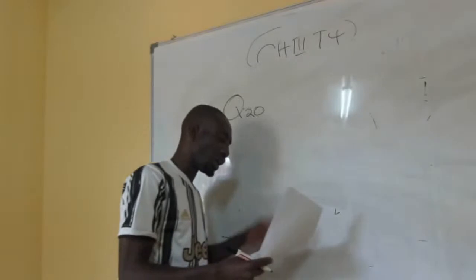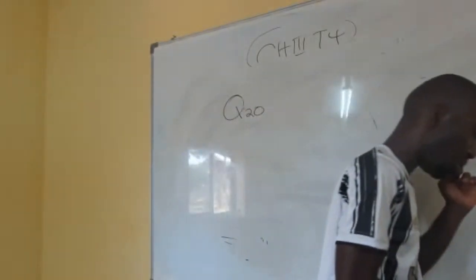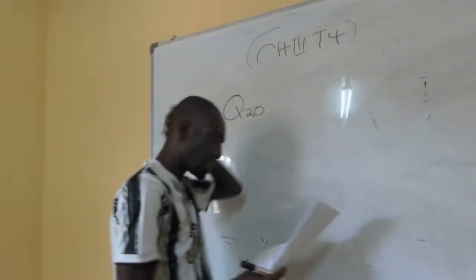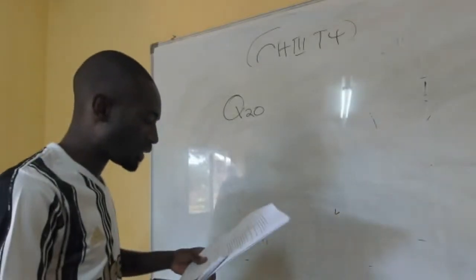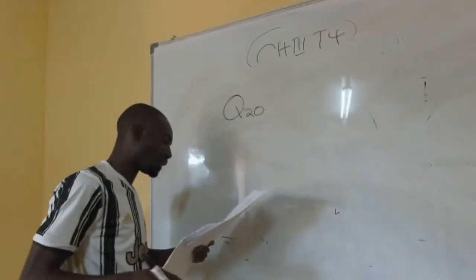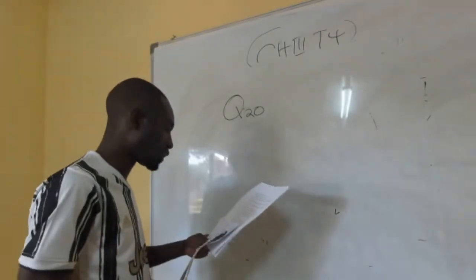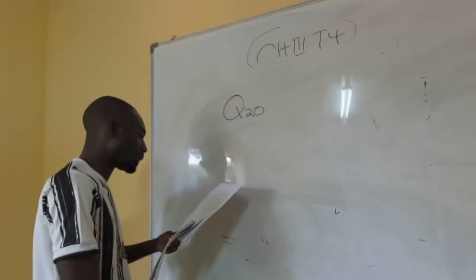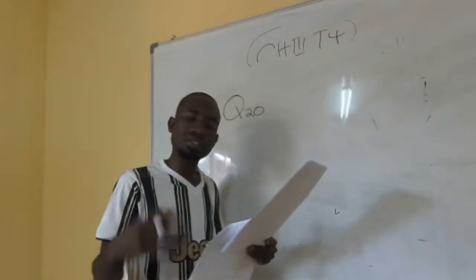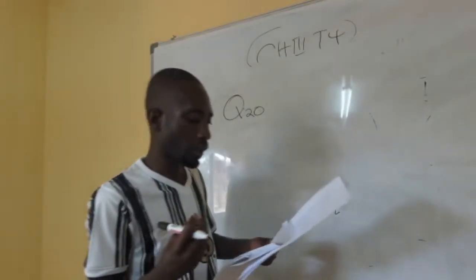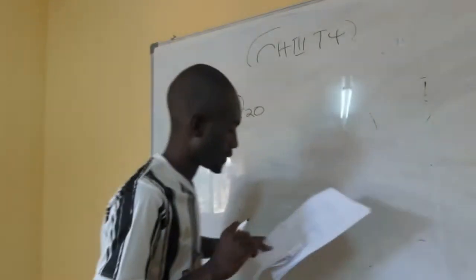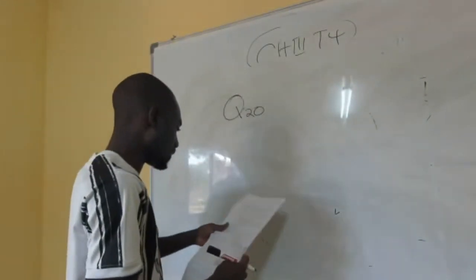A photon has a wavelength of 408 nanometer. Determine the frequency, the wave number, and the total energy of one mole of such photons. In what part of the electromagnetic spectrum does this wavelength occur? So in this case, we'll start with the first question.